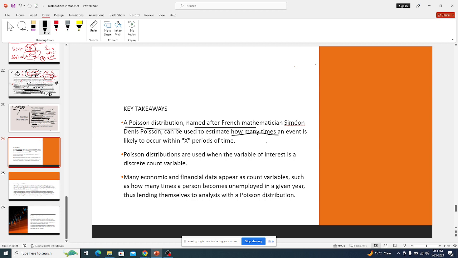Now let's go to the second point. Poisson distributions are used when the variable of interest is a discrete count variable. Many economic and financial data appear as count variables, such as how many times a person becomes unemployed in a given year.